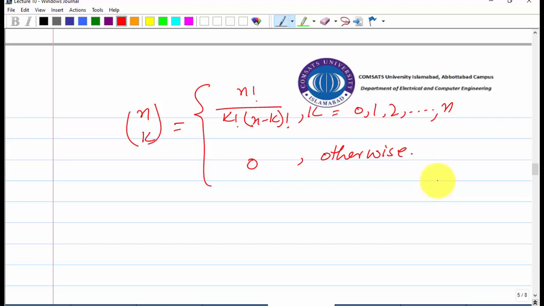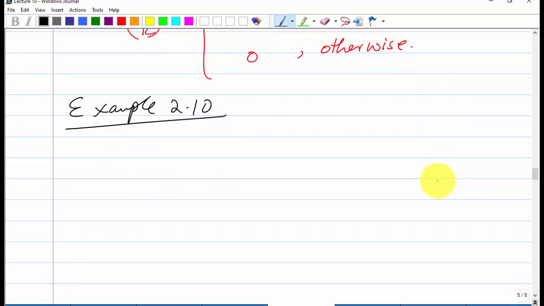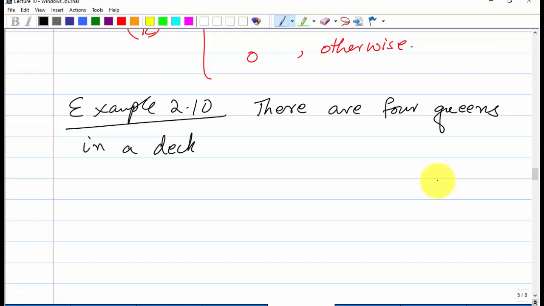So let's see one more simple example, example 2.10. It says that there are 4 queens in a deck. As we know, there are 4 queens in a deck of 52 cards.